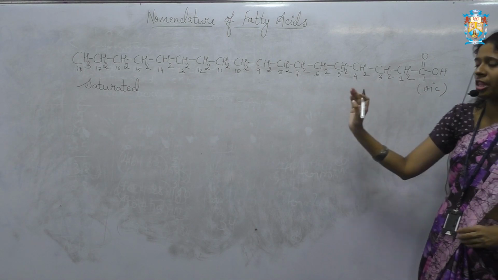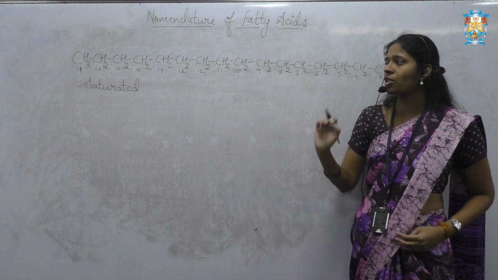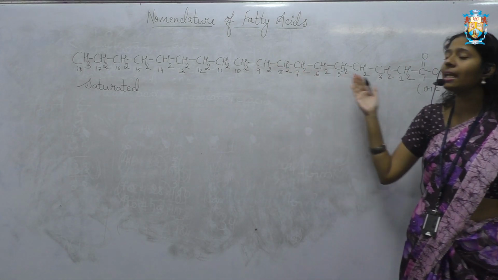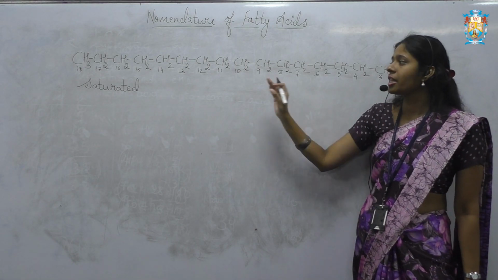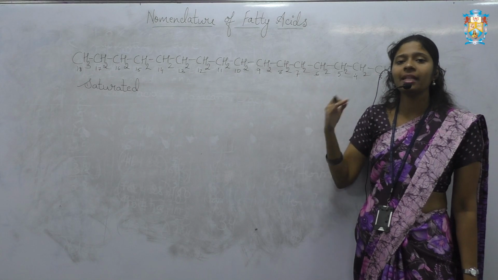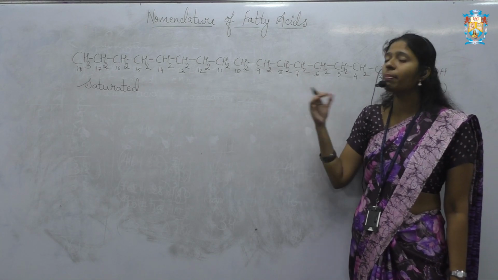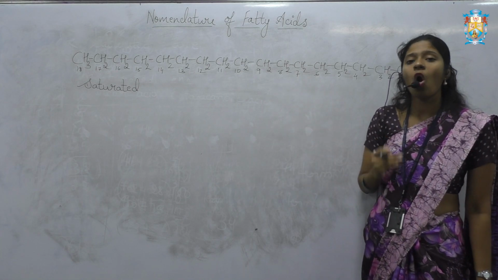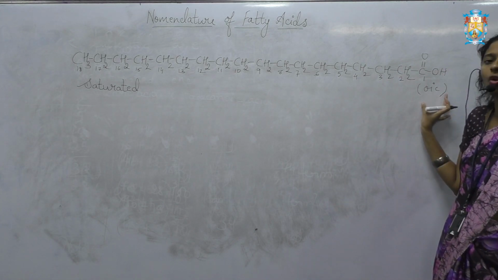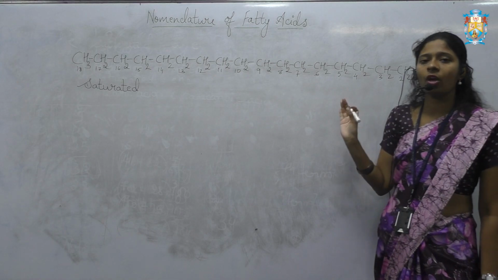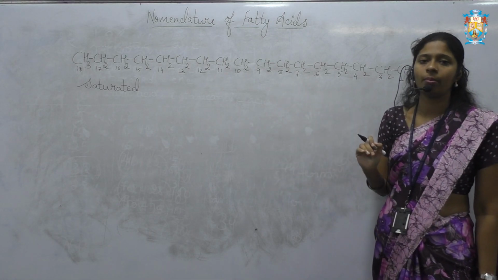Now I want to name this molecule. So it contains saturated carbon atoms. There are total 18 carbon atoms. So hence it will be told as octa, since there is an 8, and for 10 we call it deca. So this particular molecule will be called octadecanoic acid. Oic because of the functional group COOH, octadecanoic because there are total 18 carbon atoms.